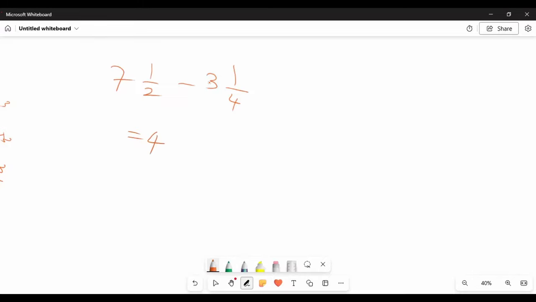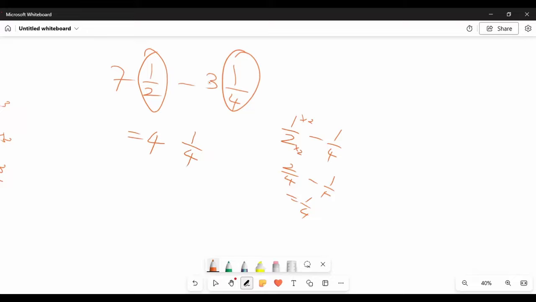Now from this fraction, we have to subtract this fraction. So it's from a half, minus 1 over 4. I can make this 2 a 4 by multiplying by 2. This also becomes 2. So it's going to be 2 over 4 minus 1 over 4, which ends up with 1 over 4. So that's going to be my answer here.